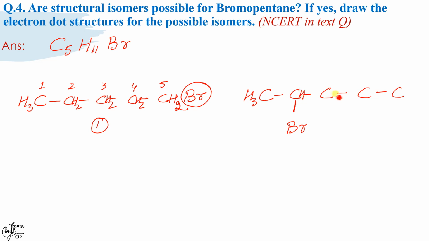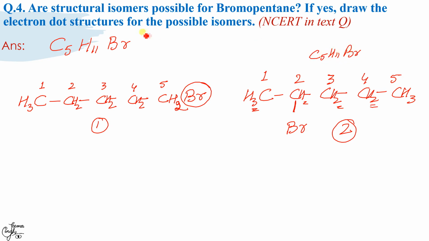So we have CH3, CH, CH2, CH2, CH3. Now I have put it at carbon number 2. That's a possibility, number 2. So 2 isomers. Just count whether they have the same formula: 3, 4, 5, 6, 7, 8, 9, 10, 11. So C5H11 and Br. Same molecular formula, different structure, so they are possible isomers. You convert into electron dot structures, alright?